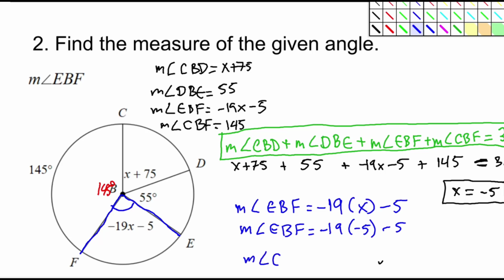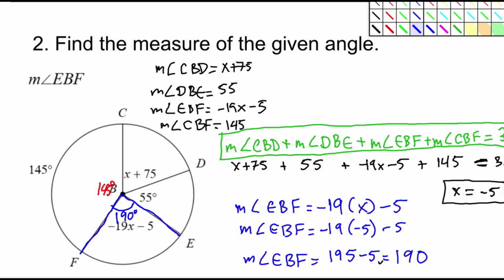So the measure of angle EBF is, some mental math, 95 subtract 5, 90. If you can do some mental math, do it, but this angle right here is 90 degrees.